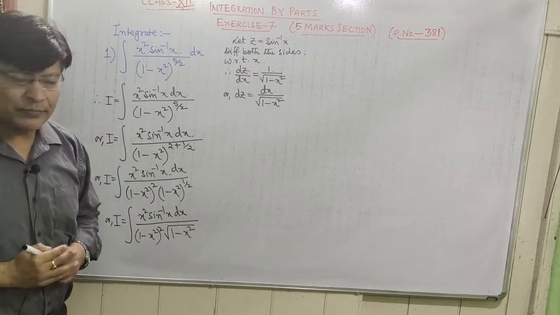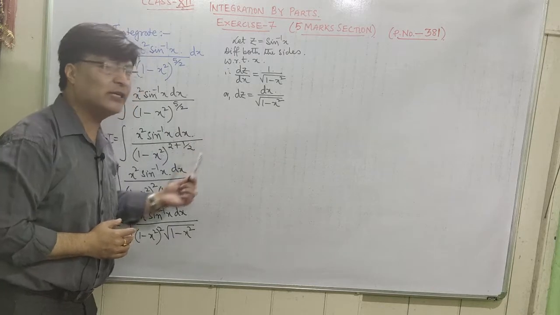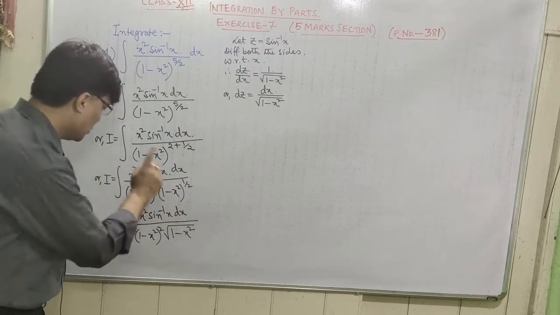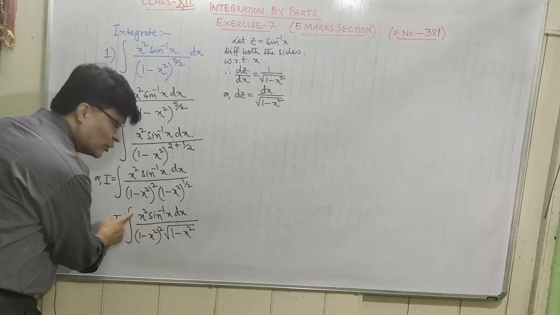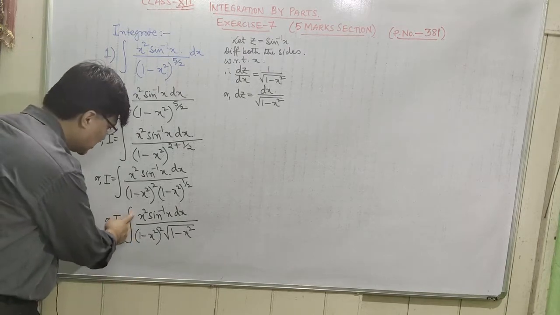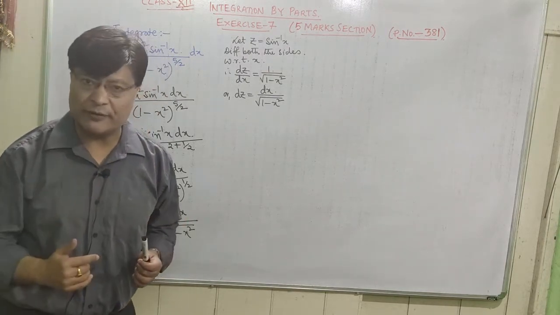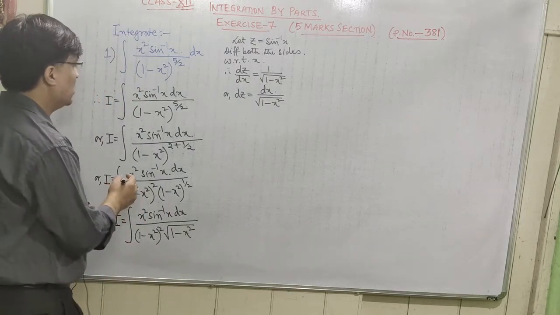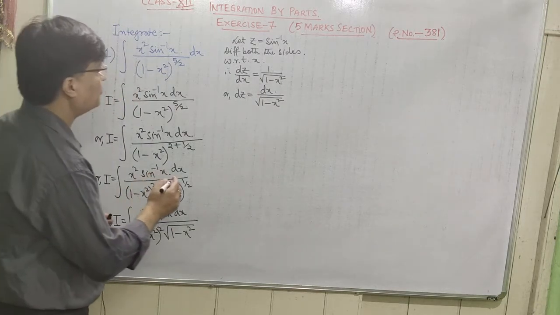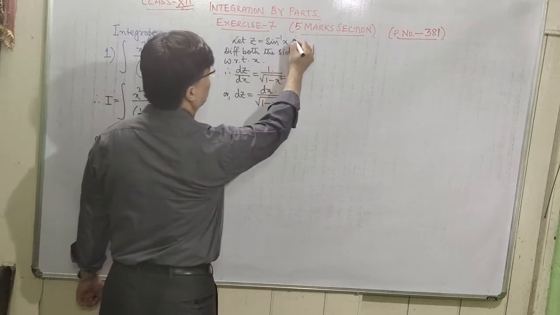Is that clear? So let us put these values in I. Before that, we have to put the value for x here also, isn't it? There is x square upon (1 minus x square) whole square. You have to express it in terms of z, right? Here we had assumed, let z is equal to sin inverse x.